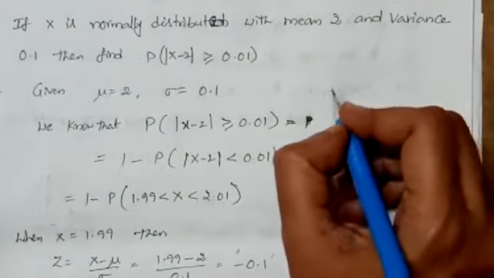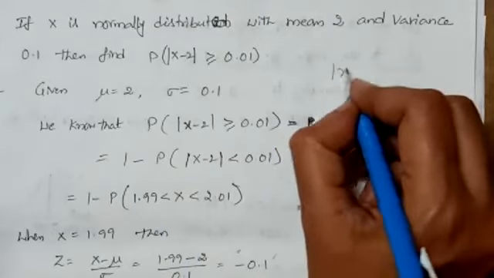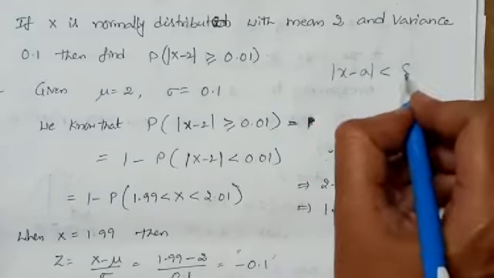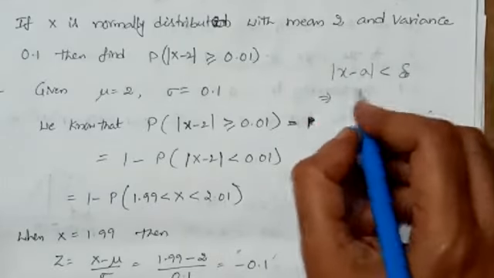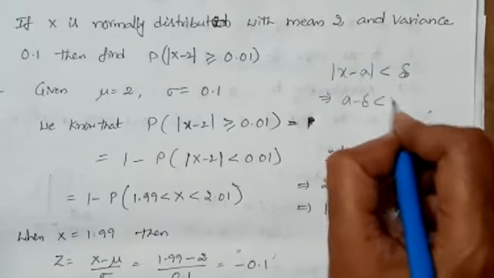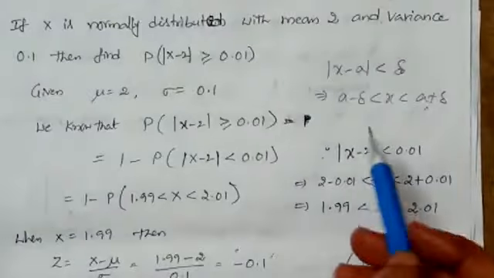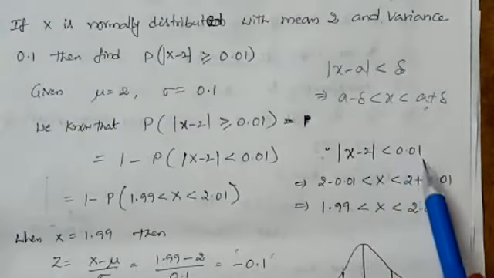In the limits chapter in your intermediate, we have modulus of x minus a less than delta. This delta is the neighborhood of a. How we can change this modulus? A minus delta less than x less than a plus delta. In the place of a, you have 2. In the place of delta, 0.01.